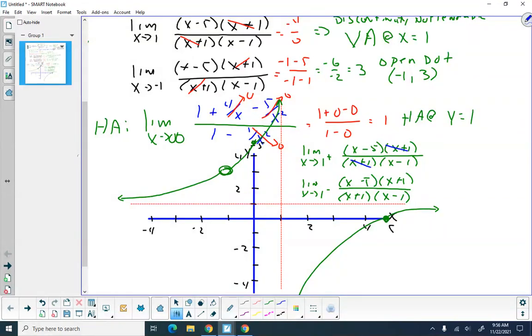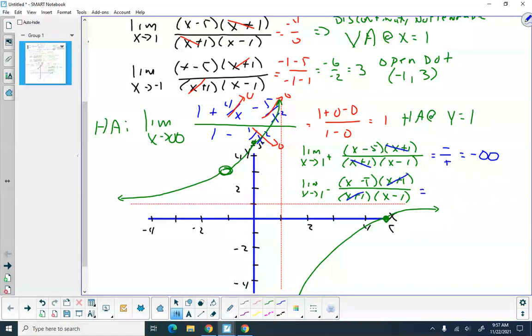These are values of x that are greater than 1. On top, if I'm approaching 1, I get 1.01, 1.001, 1.0001. I'm going to get a negative value on top. As I approach on the right and look at x minus 1, I'm going to get a positive value on the bottom. This tells us we're going to approach negative infinity as we approach from the right.